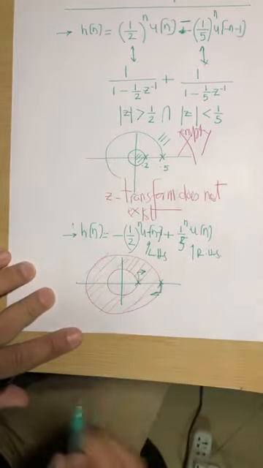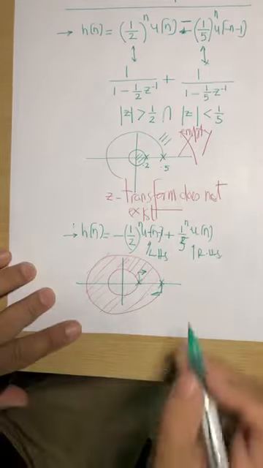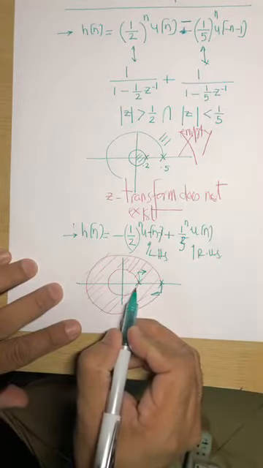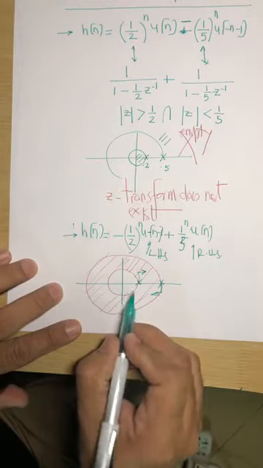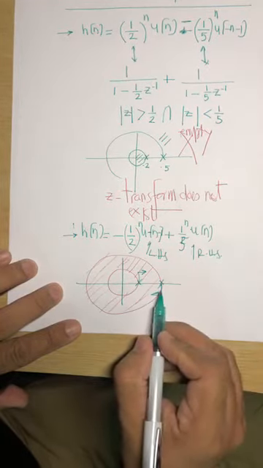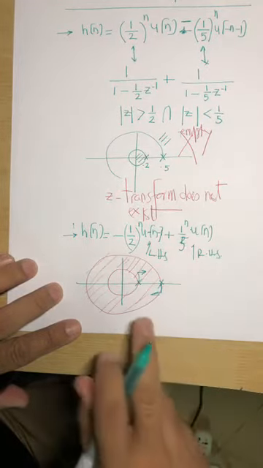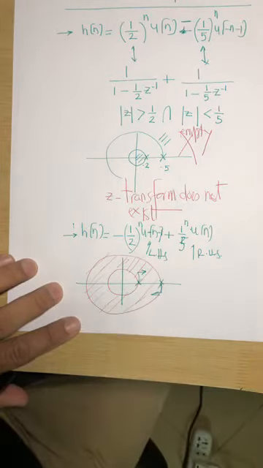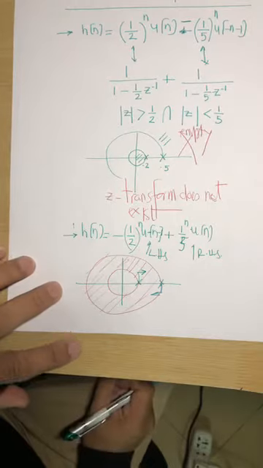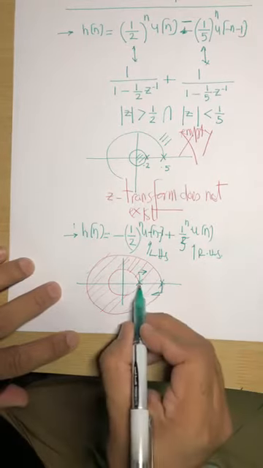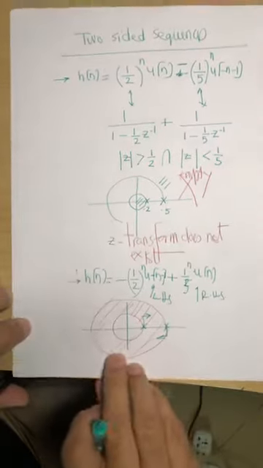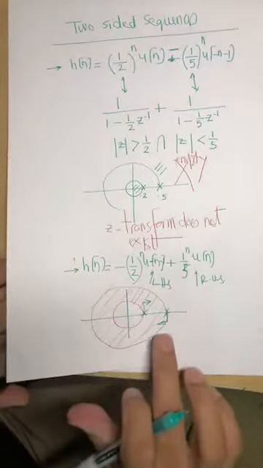So for a two-sided sequence, if your right hand side pole is smaller and your left hand side pole is bigger, then it will take the shape of a ring. The Z transform is in the form of a ring. It is outside the pole and inside the left hand side pole.